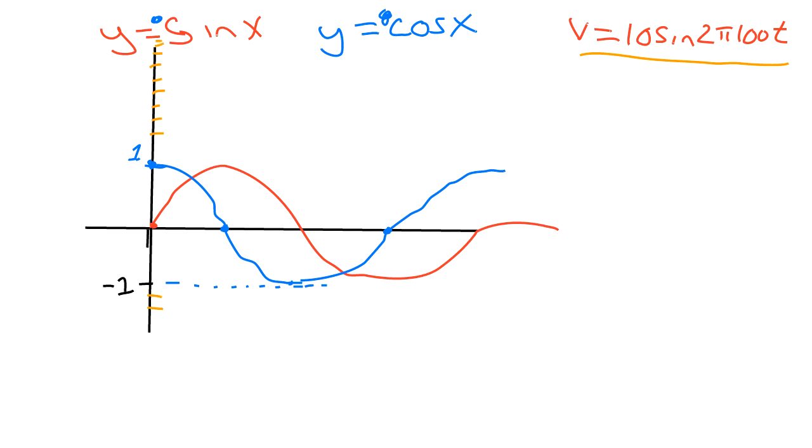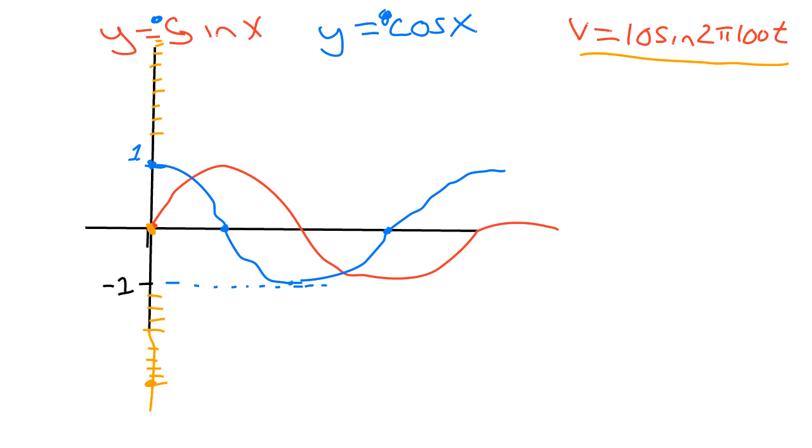I know this is not equidistant, but just so you get the idea. 1, 2, 3, 4, 5, 6, 7, 8, 9, 10, and way down here. So we're going to actually have a sine wave that starts at 0 and follows this pattern right here.